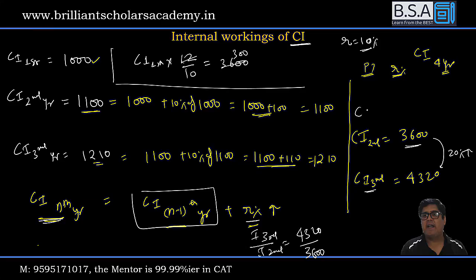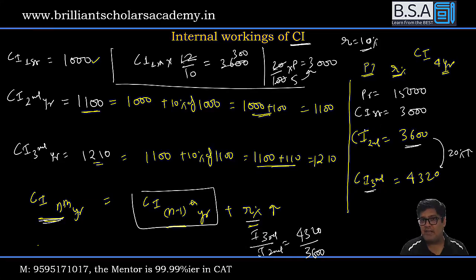So you can find out the first year interest is 3000. If first year interest is 3000, can I say 3000 rupees is basically 20 percentage of the principal? So observe, cancel 5, cross multiply, principal becomes 15,000.